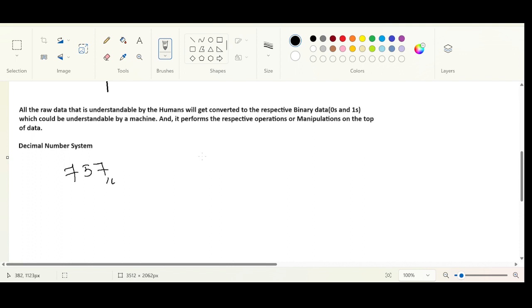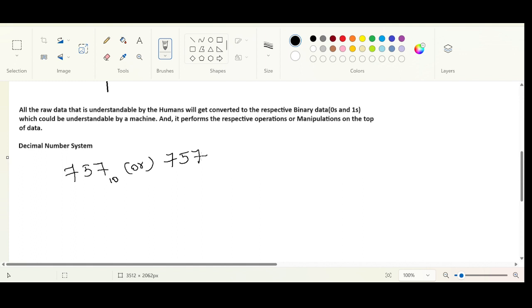Even if you put it or don't put it, the base is always 10. This is a typical number with base 10. Usually you don't see it everywhere, but you can represent 757 like this. Both are okay.